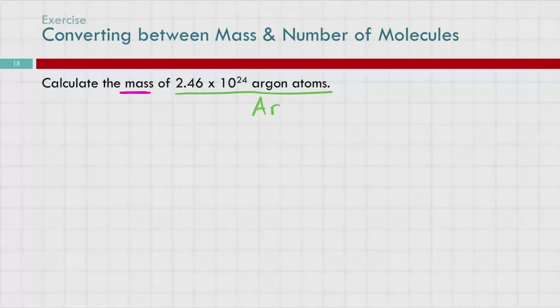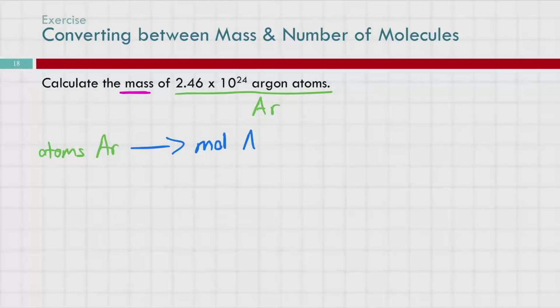And we need that because we are going from argon atoms. I'm going to write that, atoms argon. And what can we convert to from atoms? Moles. It's basically the only thing that we can convert to from atoms. Or we could convert to a different type of atoms if we had a chemical compound.